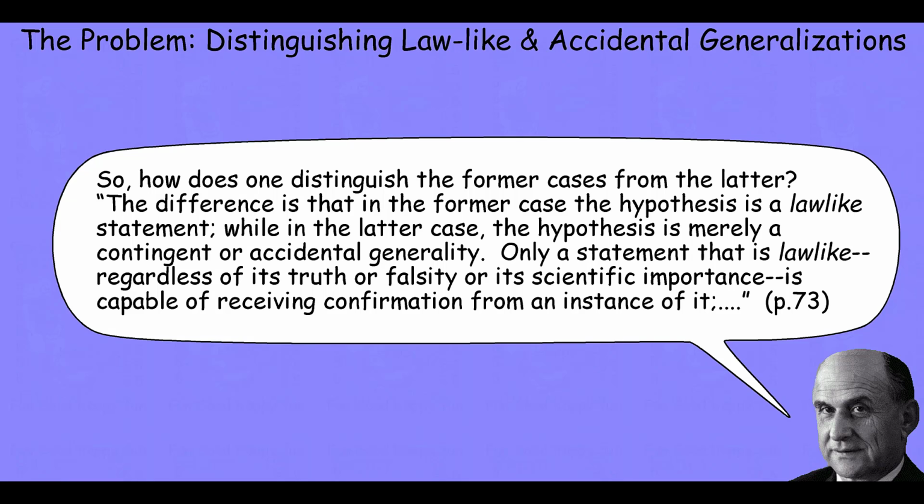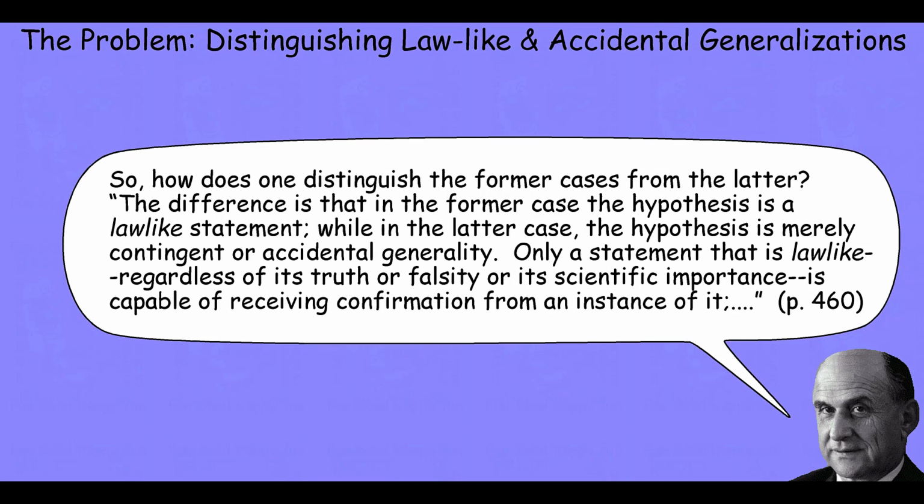Goodman is suggesting that we do not modify our intuitive judgments about the cases, but instead we modify our rules. We modify enumerative induction, saying that it applies only to law-like statements, and we introduce a new rule to differentiate generalizations that are law-like from generalizations that are contingent or accidental in nature.